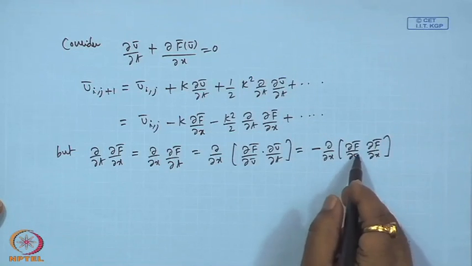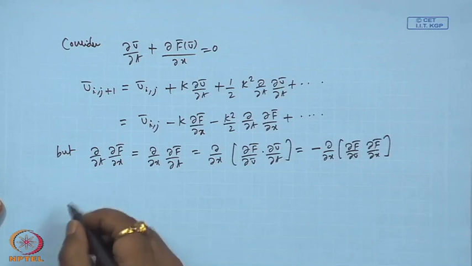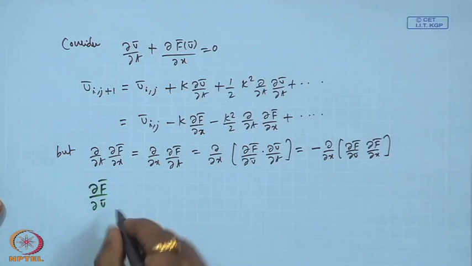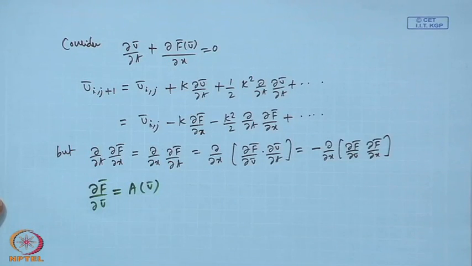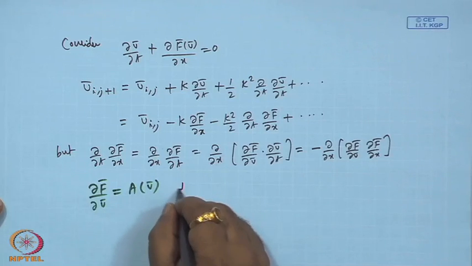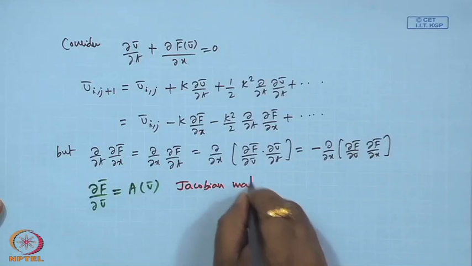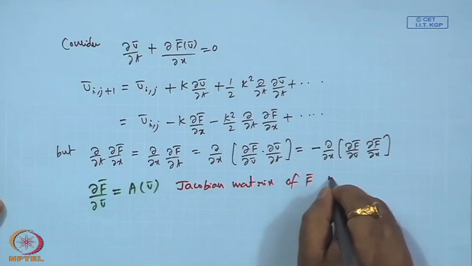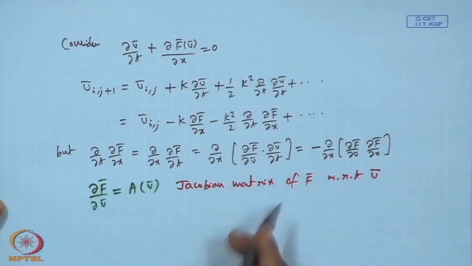So now we have an interesting quantity, which one? So this is nothing but our A of u, which is the Jacobian, okay, of f with respect to u bar.